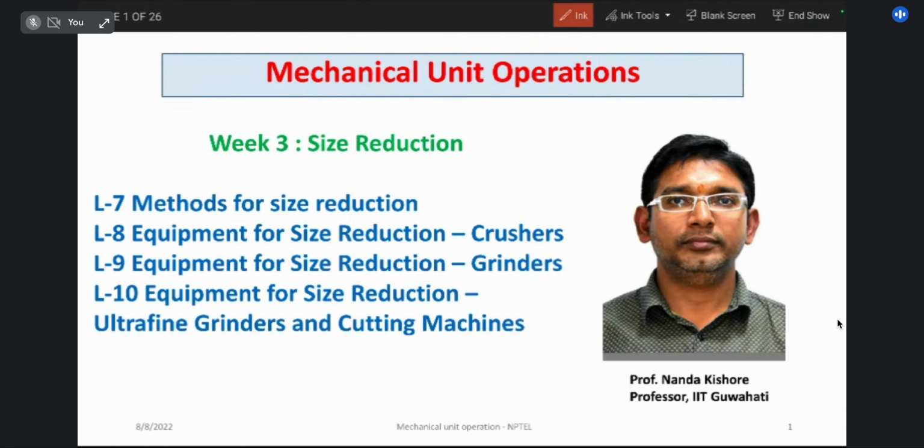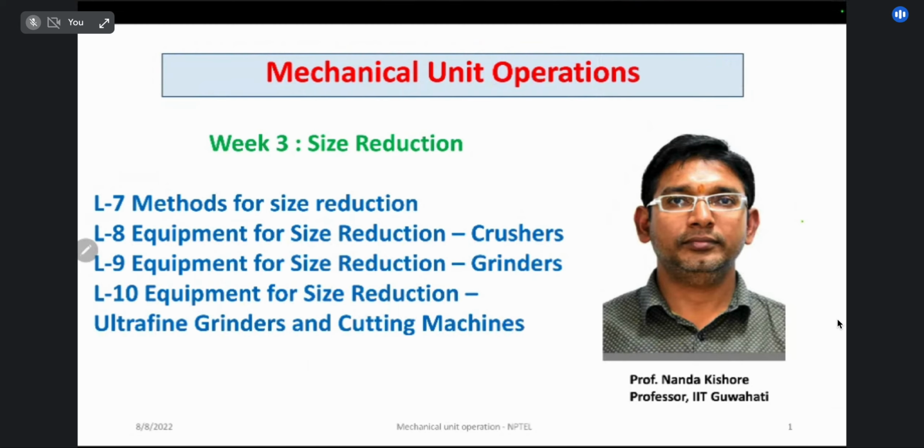I am not going much into the equipment. I am just focusing on the methods, their explanation, and examples based on those methods.